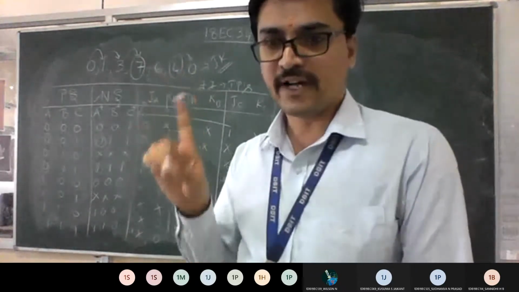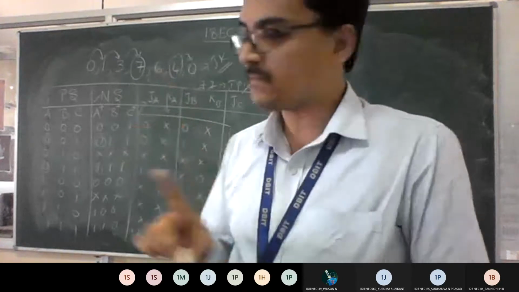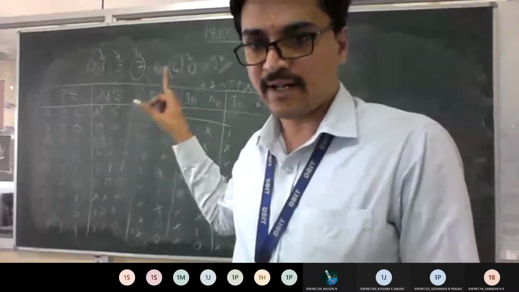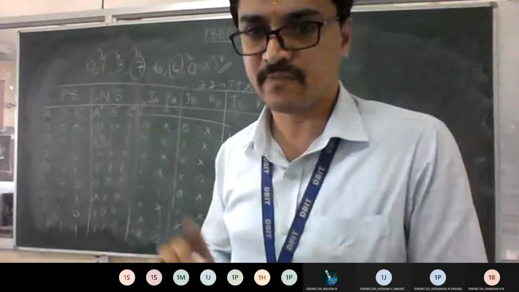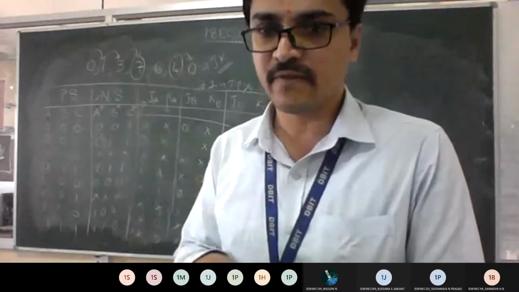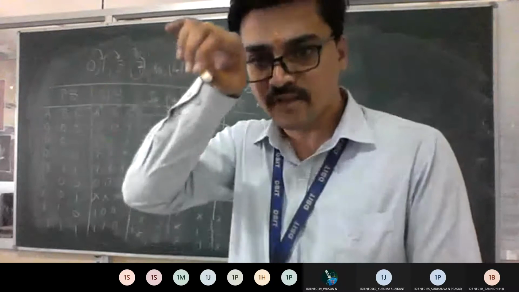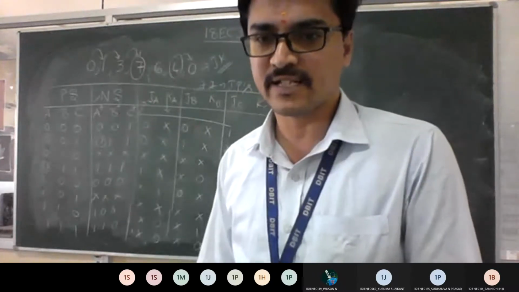Step 1, find the number of states. Step 2, number of flip-flops required. Step 3, K-map plotting. After this, step 4 is your K-map representation. And step 5, using that equation, designing a logic diagram. These are the 5 steps you are supposed to follow for any design of synchronous or asynchronous circuits.